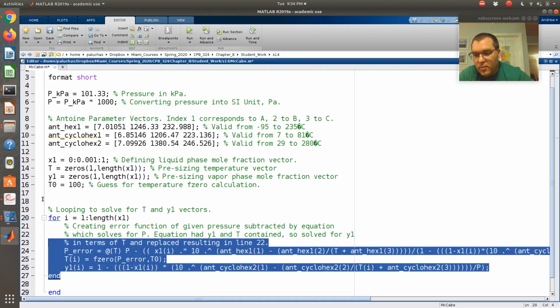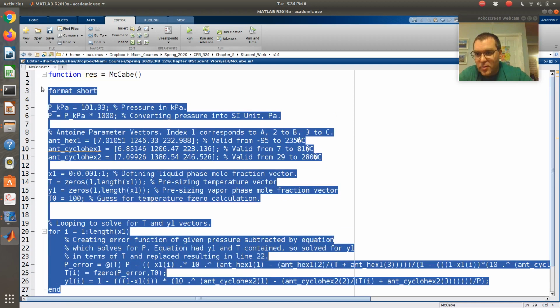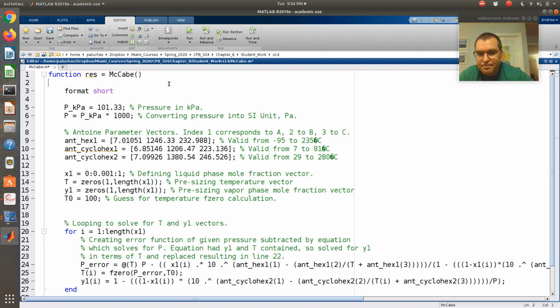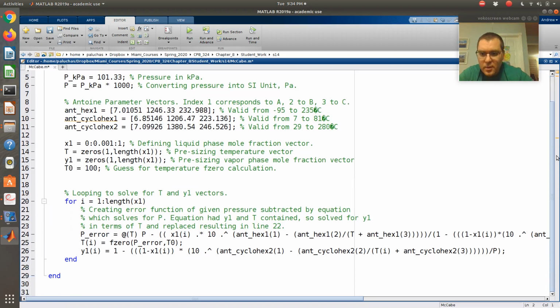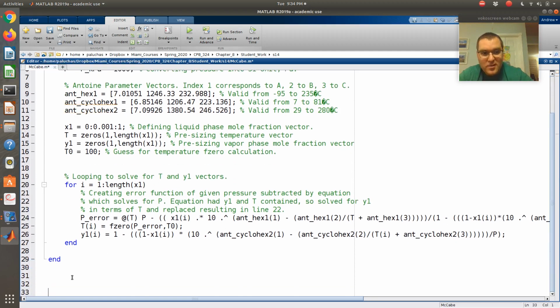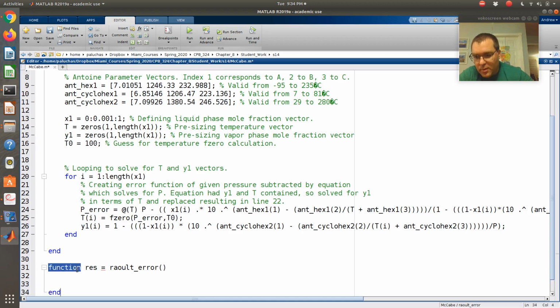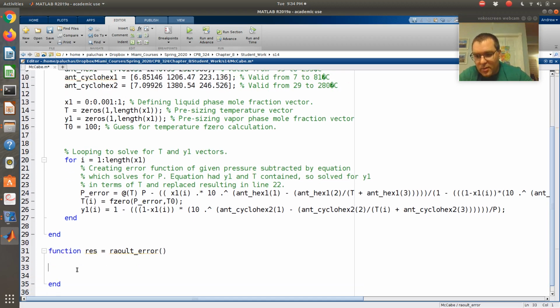So in the newest version of MATLAB, you should be able to add helper functions to a script, but I'm just going to go ahead and recast it as a function with no inputs. So I'm going to create a helper function here. So let's do function res is, we'll call this rxn error. Okay. And for now, I'll just leave it as no inputs. Okay, we'll fix that up in a second though.